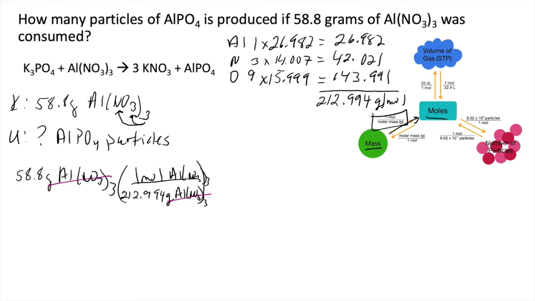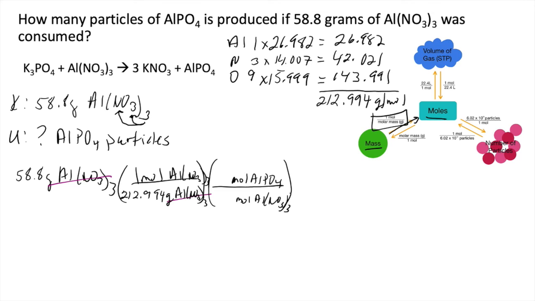Now that we're in moles, we want to convert from one type of substance to the other type of substance using mole ratio. And to do that, we're going to need to go to our chemical equation. So let's set up our mole ratio. We want to cancel out moles of aluminum nitrate. So whatever we want to get rid of, we put at the bottom. And we want to keep moles of aluminum phosphate, so we're going to put that at the top.